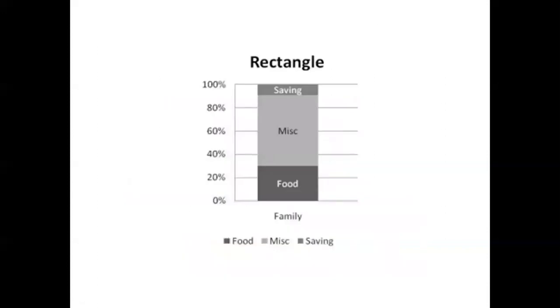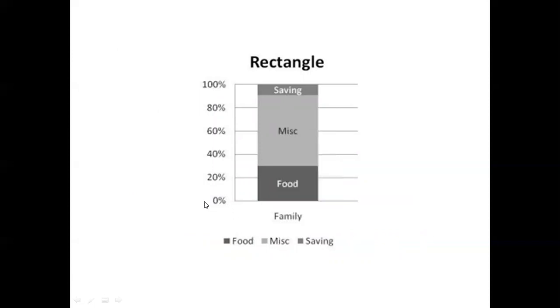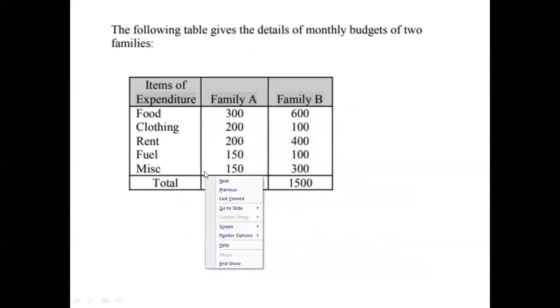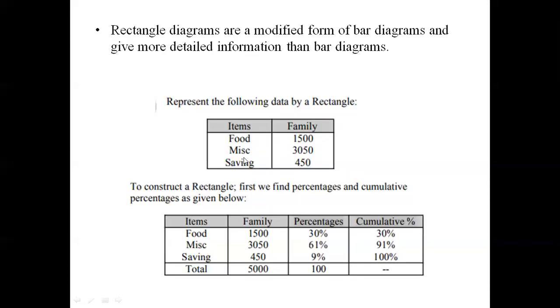So here you can commence with food, miscellaneous and savings, or you can commence with savings, miscellaneous, and then food. Usually whatever item is given first in the problem should be considered first. Here the first one is food. So we are going to show it at the bottom, then miscellaneous, then savings. Let us see how it is shown.